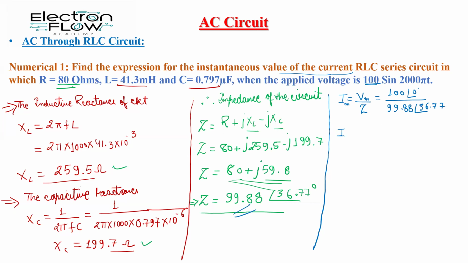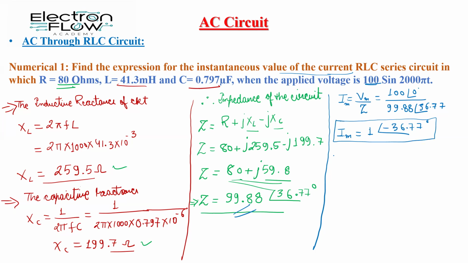So the maximum current is almost equal to 1 at an angle of minus 36.77 degree.